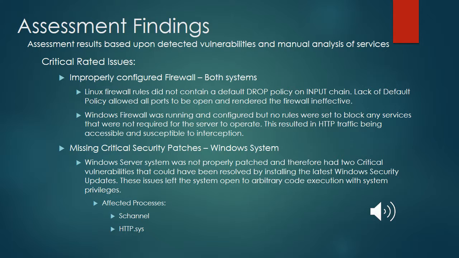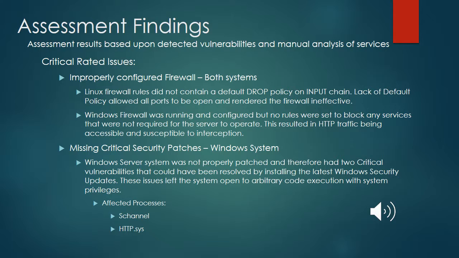The Windows firewall was a little better configured. This is likely due to Windows firewall being designed to configure itself by default. It had properly configured ports for all the services that were installed on the system. However, there were several services that weren't required for the server to operate, and these services were not being blocked in the firewall.